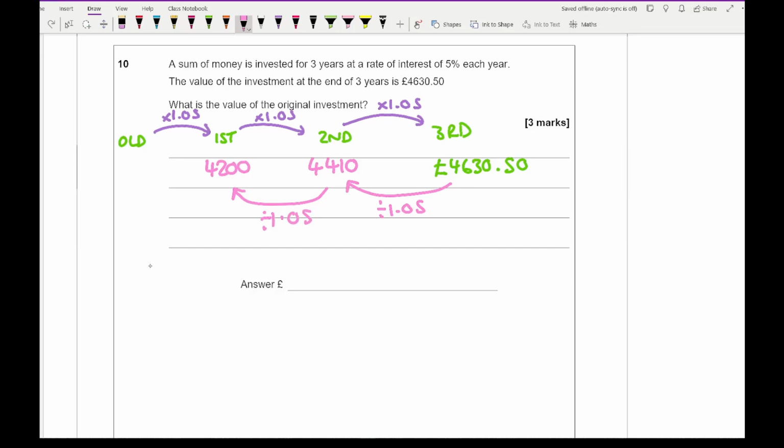And then the original price at the start, again, I divide by 1.05, and I get an answer of 4,000. So the original investment was £4,000, and that concludes the end of this topic test.